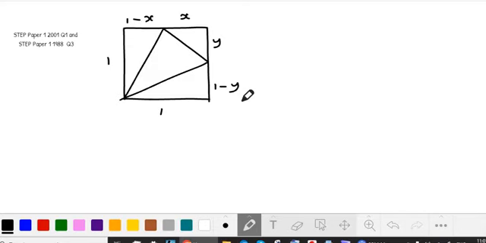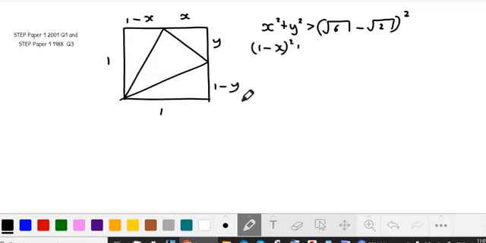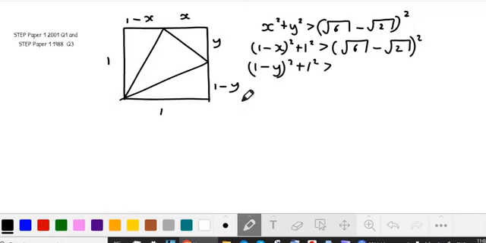I assume that they are all greater than this length, so that x squared plus y squared is greater than (root 6 minus root 2) squared, that 1 minus x squared plus 1 squared is greater than (root 6 minus root 2) squared, and that 1 minus y squared plus 1 squared is greater than (root 6 minus root 2) squared.